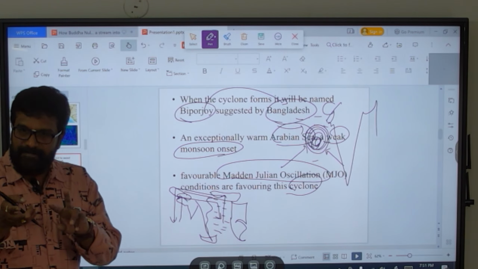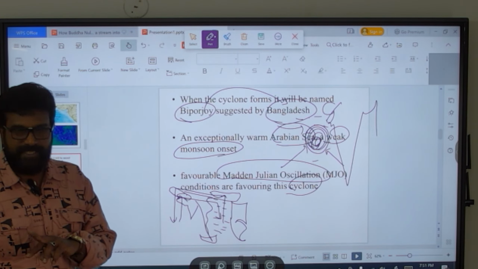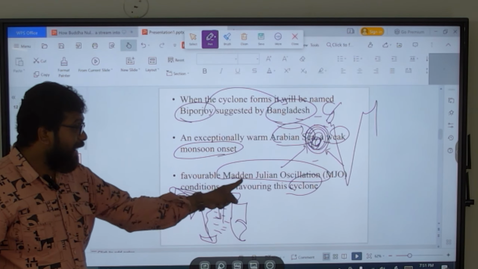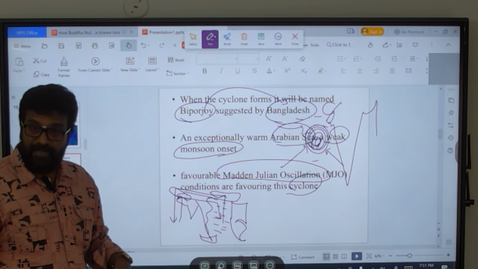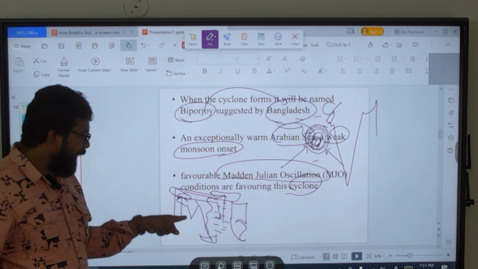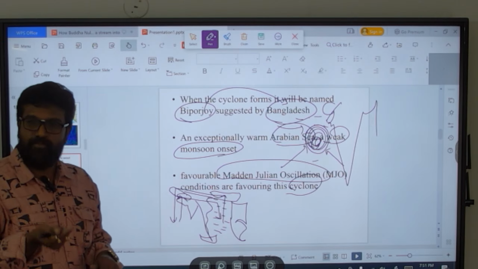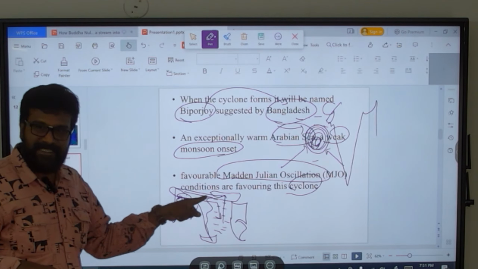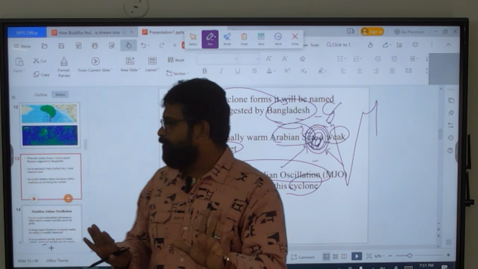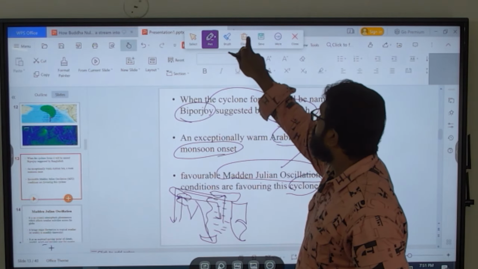So there are positive as well as negative features. So this Madden-Julian oscillation is right now acting on the cyclone in the Arabian Sea. So it strengthens the cyclone more, but it delays the monsoon rainfall. Okay, wow. Now look at here.